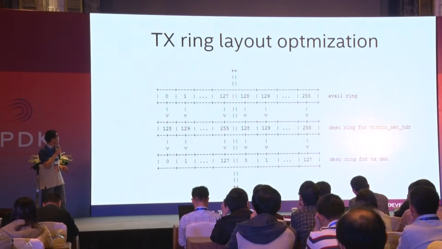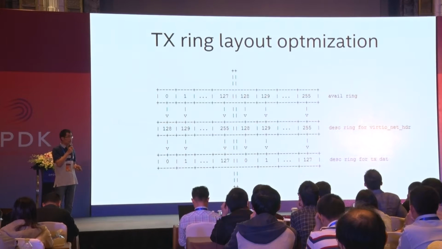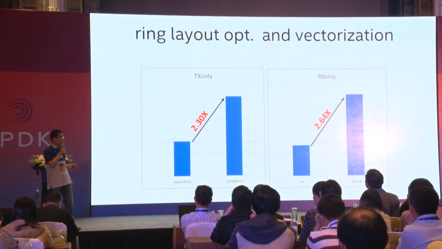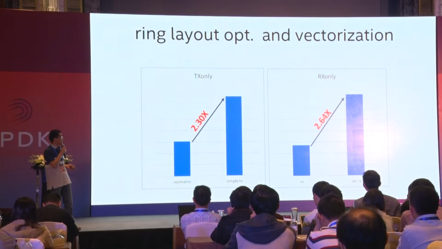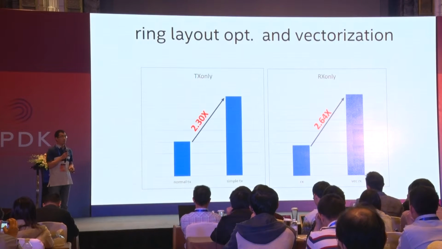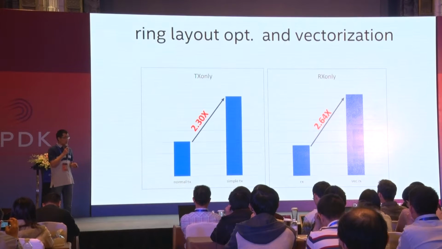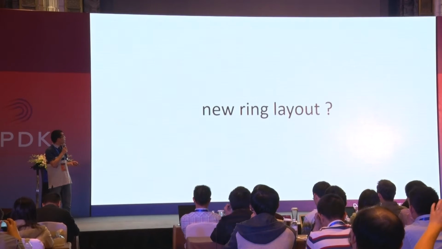And next, let's look at the optimization result. We used a benchmark to test it, and we can see that the performance is improved 2 or 3 fold. Now, this optimization is already in DPDK.